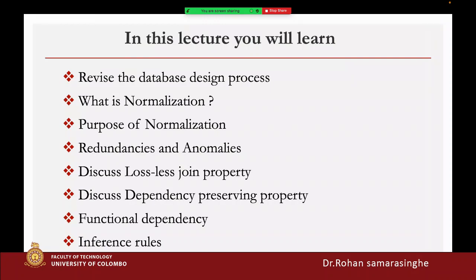In this lesson, you will revise the database design process. Actually, I revised lesson 9, so I am not going to revise once again. You know what normalization is, the purpose of normalization, and redundancies and anomalies from the last lesson.